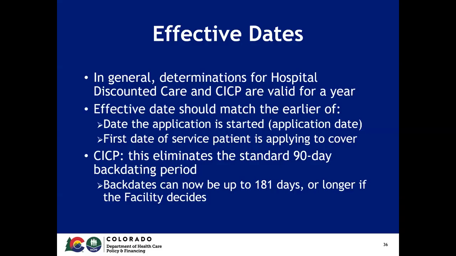For my CICP providers, this more or less eliminates that standard 90-day backdating period. Backdates can now technically be up to 181 days per the hospital discounted care bill, and potentially longer if the facility decides to allow a patient to apply past the 181-day mark.